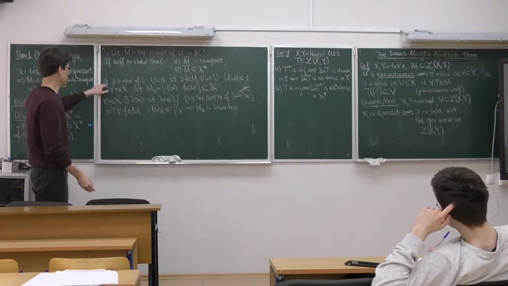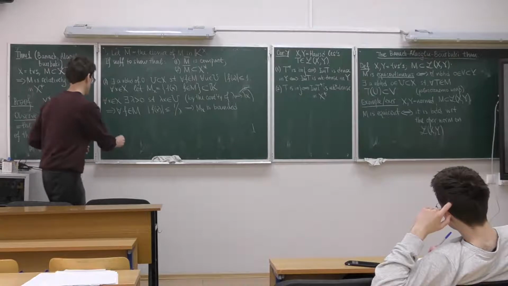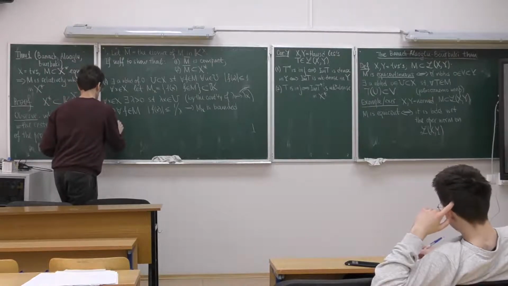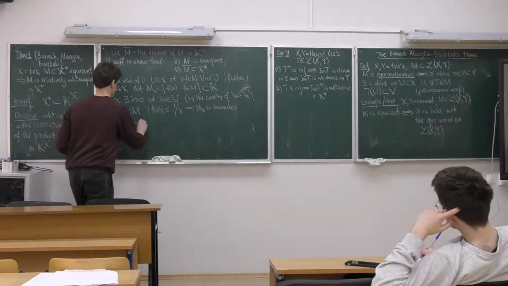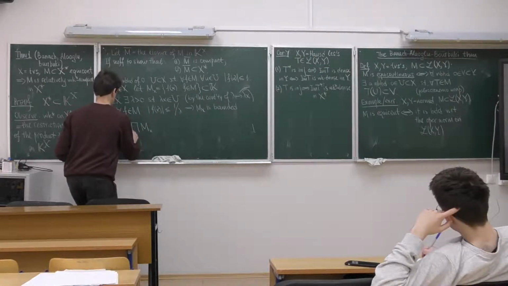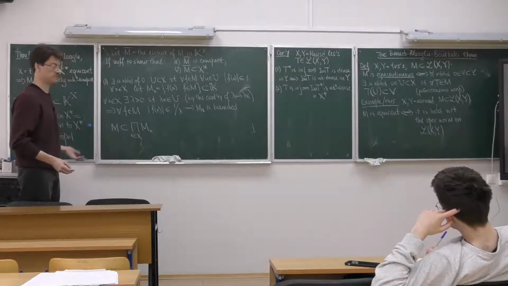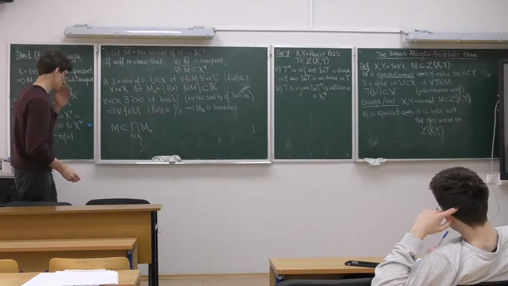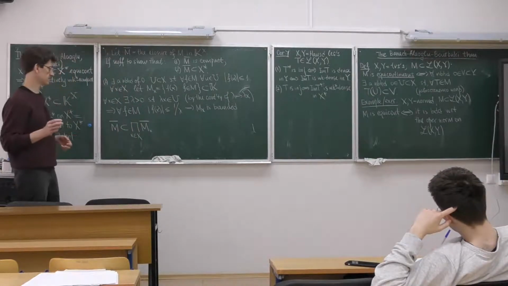And now to complete the proof of part 1, we use Tychonoff's theorem. Indeed, by the construction of Mx, we have the following conclusion. This is true by construction. So the closure of M is contained in the product of the closures of Mx.